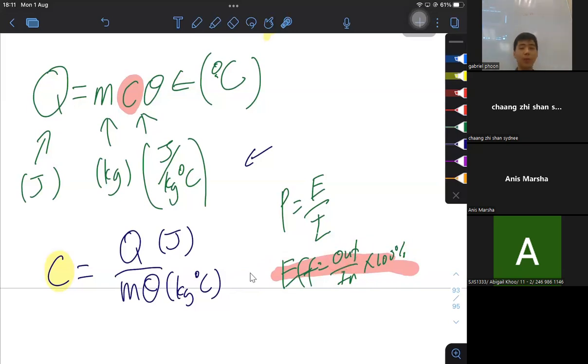But if you write down the proper units, hey guys, this output could be in terms of power, it could be in terms of energy, it could be in terms of heat, it could be anything, guys. So don't limit yourself to only output power over input power, or output energy over input energy, guys. It can be literally anything, like the food that you eat and the waste that you come up with can also be calculated in terms of efficiency. So yeah, that's just a wow statement.